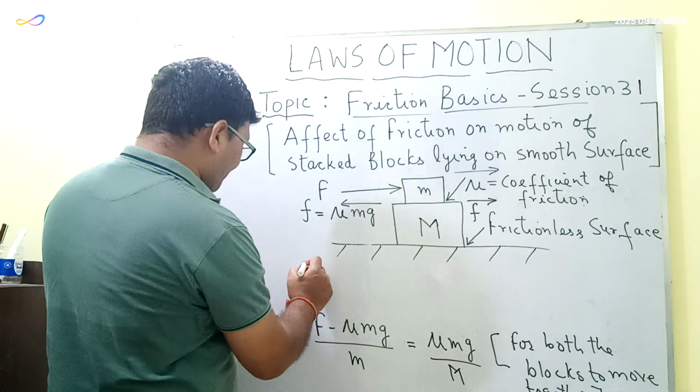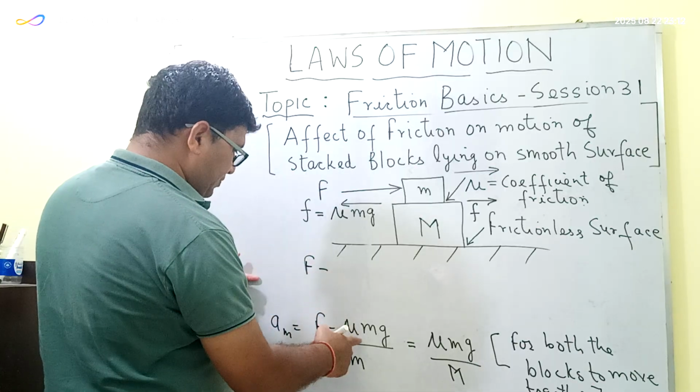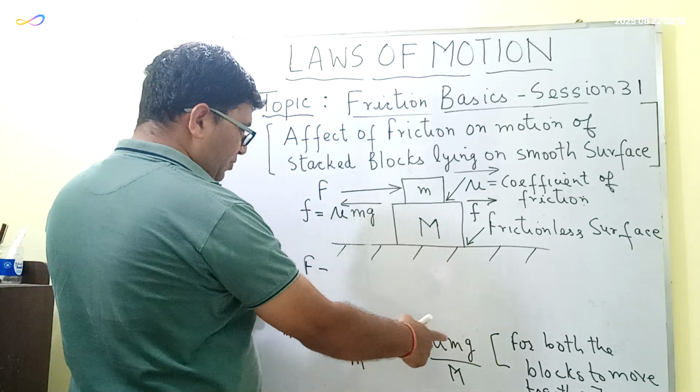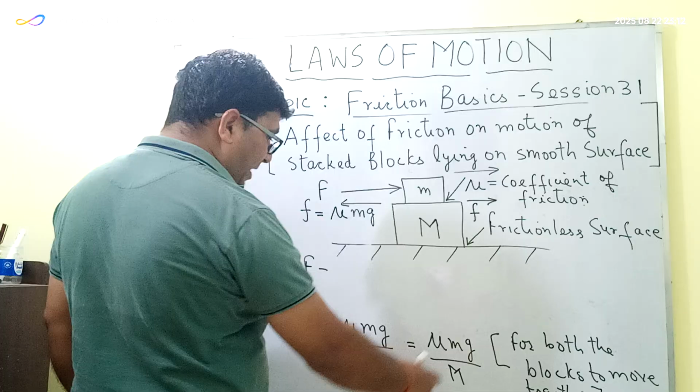So यहाँ पर F minus mu mg upon m is equal to mu small m divided by capital M.